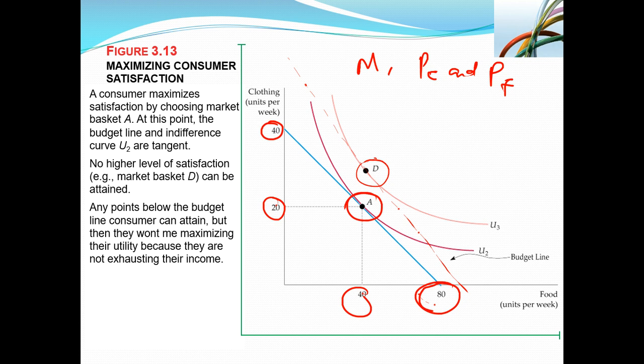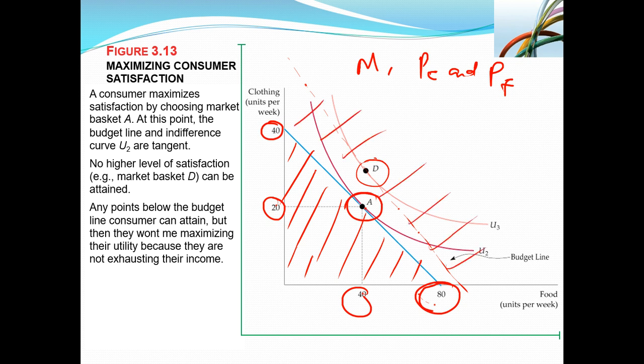At that particular bundle, the budget line is tangent to the indifference curve only at point A. This guy can afford any bundle lying below the budget line, but cannot afford any bundle lying beyond it, because you cannot consume beyond your income.